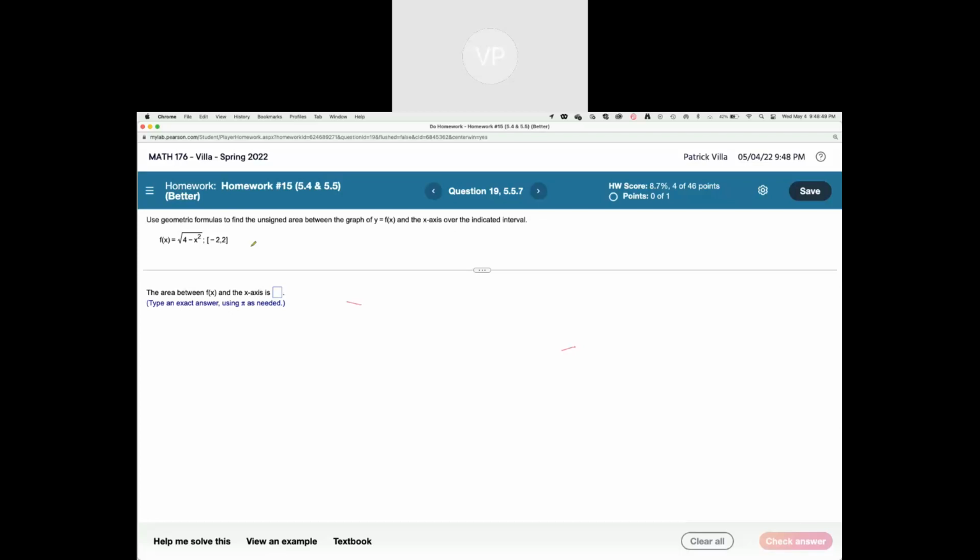But they're saying use geometric formulas. So the first thing you have to know is, how does this graph look? Well, f of x equals √(4 − x²), or y equals √(4 − x²), essentially looks like this. It's a semicircle with a radius of 2.